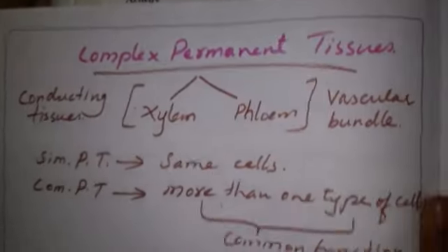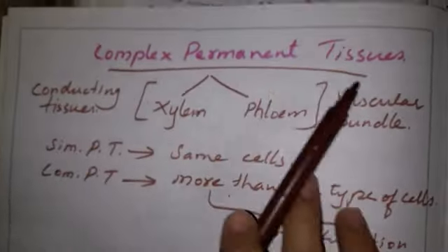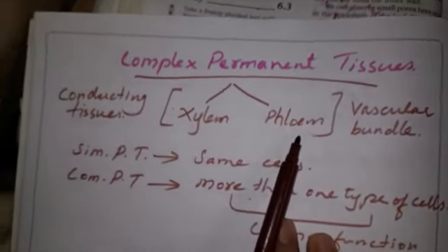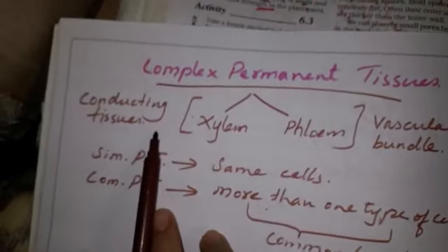Next we will move on to complex permanent tissue. This complex permanent tissue is of two types, xylem and phloem. These are the conducting tissues.